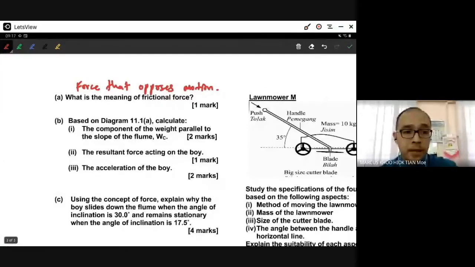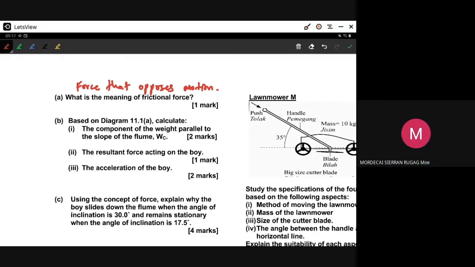Let me see. Mordecai, can you give me all three, please? 1, 2, and 3. Go ahead and give first. Negative 392.4 newtons. Sorry, it's negative 196.2 newtons. Which one is this? Number 1.